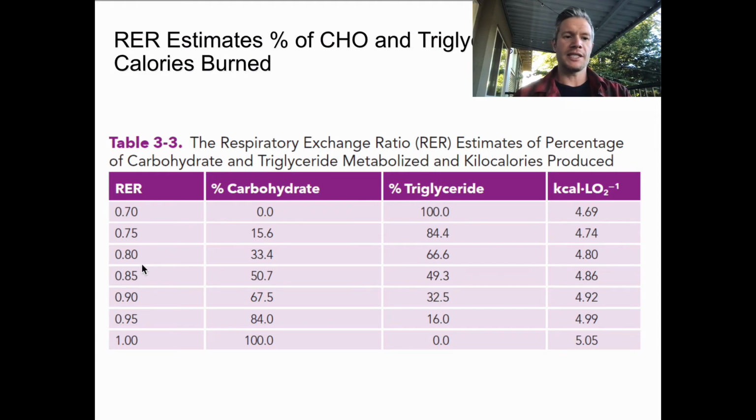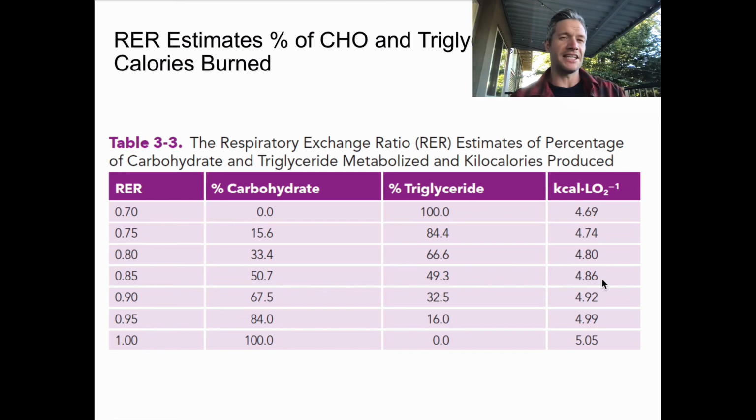So for example, when we're about 50-50 carbohydrates and triglycerides, we get about 4.86 kilocalories per liter of oxygen consumed.